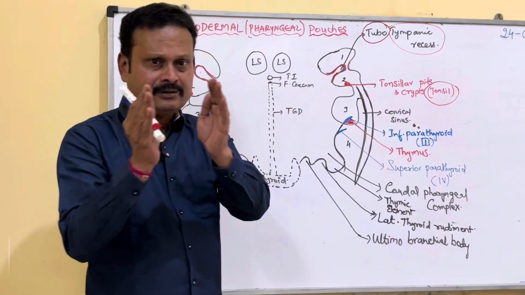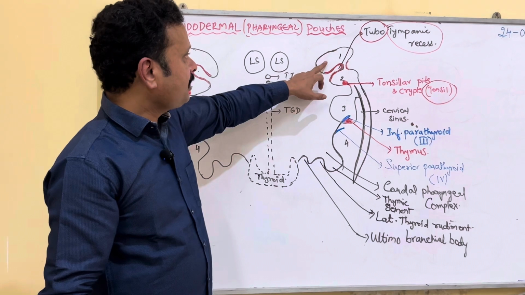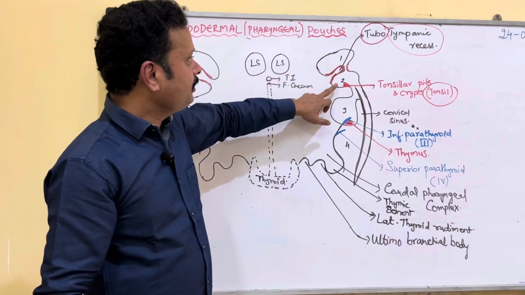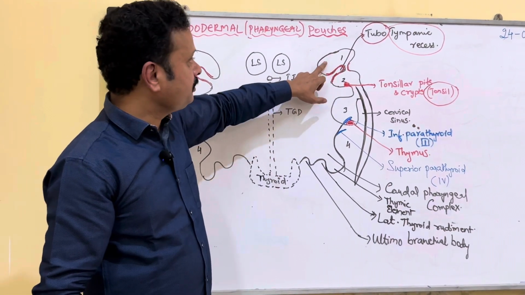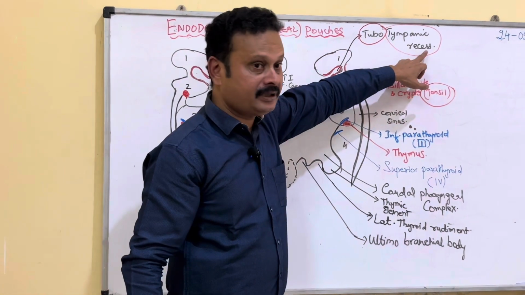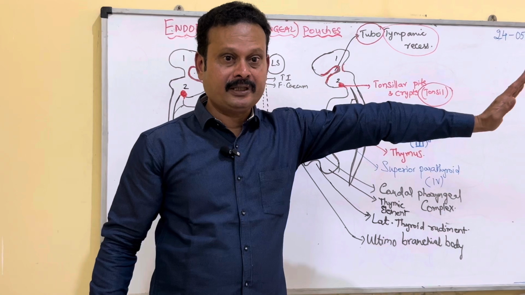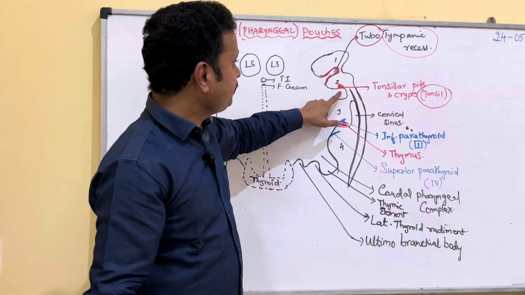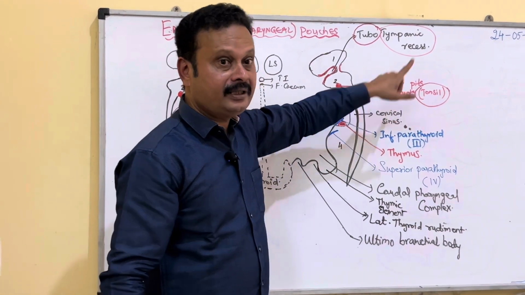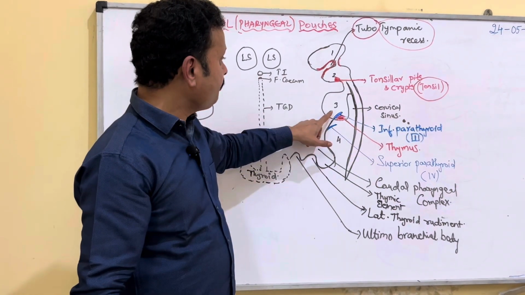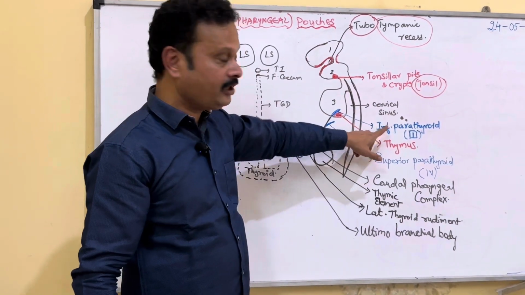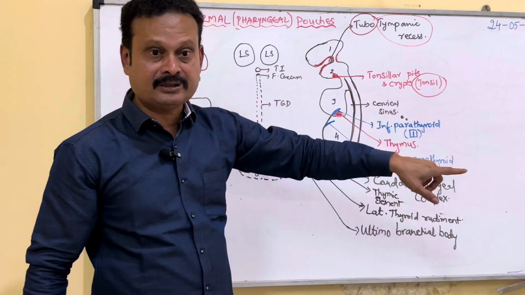To sum up, just to remember the derivatives: the dorsal wing of the first pouch and the dorsal wing of the second pouch join with each other to form the tubotympanic recess, which gives rise to the auditory tube and the components of the tympanic cavity. Second pouch gives rise to tonsil and intratonsillar cleft. Third pouch, dorsal aspect to inferior parathyroid, ventral aspect to thymus.